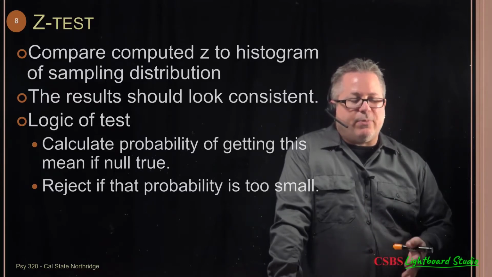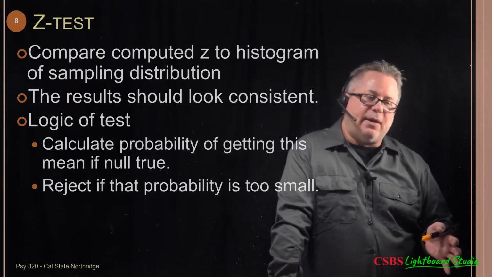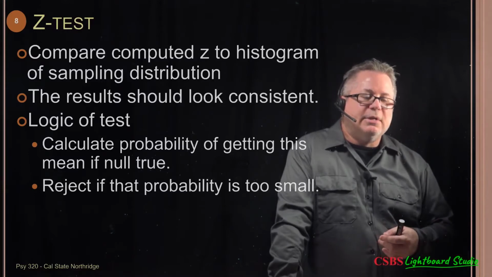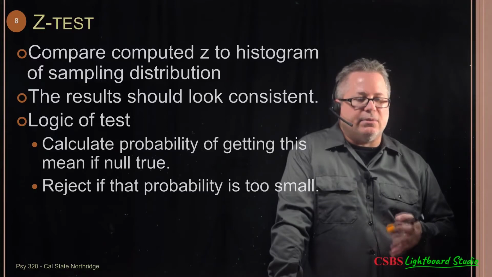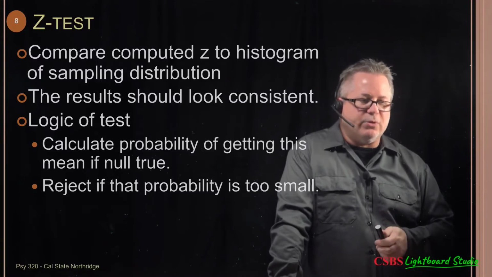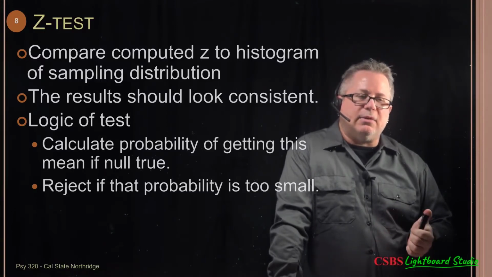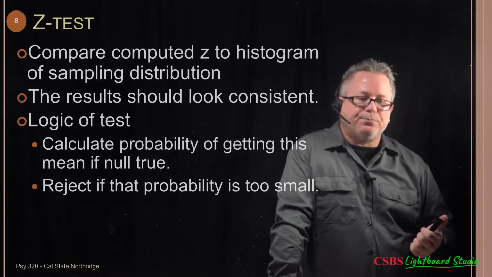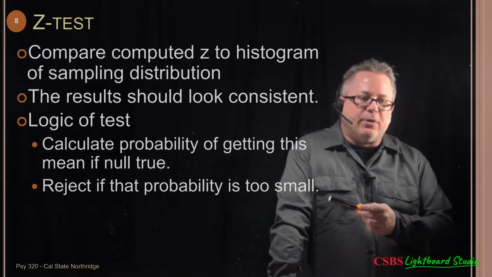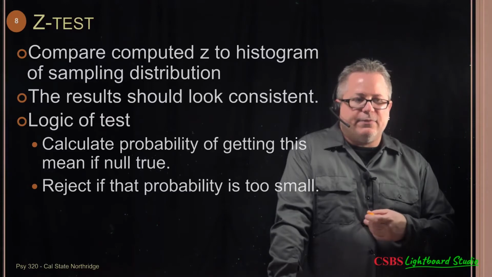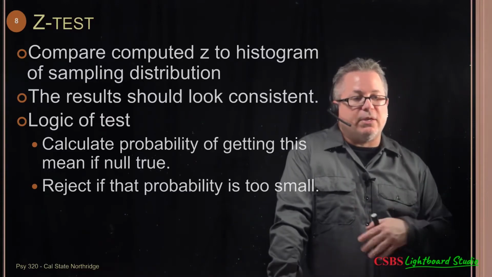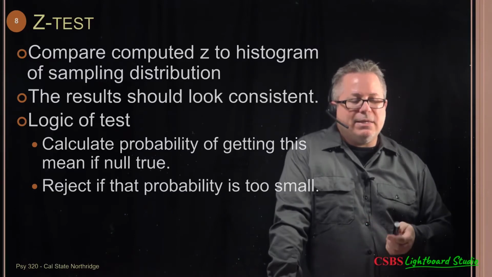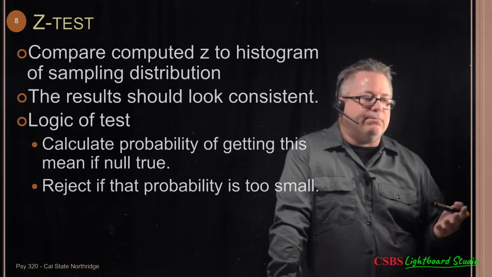If the probability is less than 0.05, we reject the null, meaning we think our sample isn't like the rest of the distribution. It seems to be unusual, so it's more likely that IQ plus worked. If the probability is larger than 0.05, we assume that it's just part of the normal distribution, part of the sampling error, and we retain the null and believe that IQ plus doesn't work.